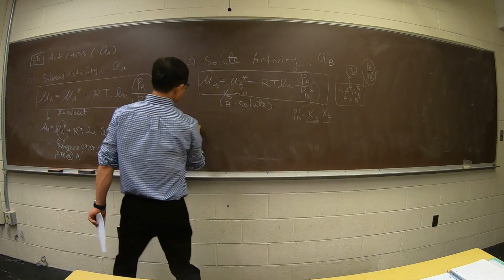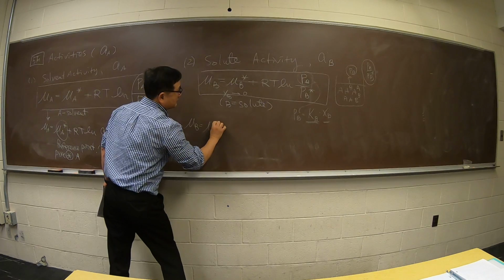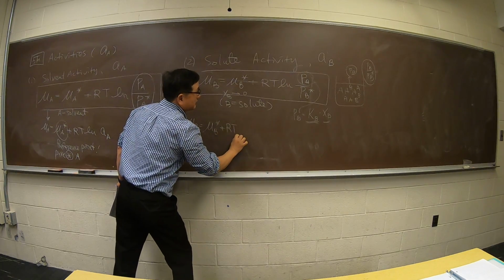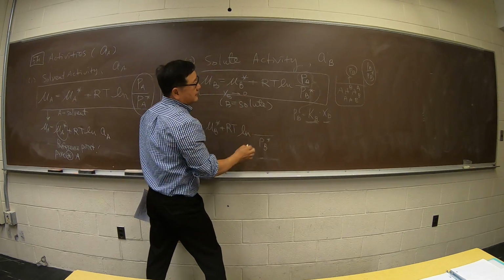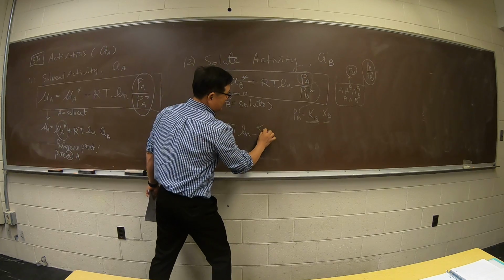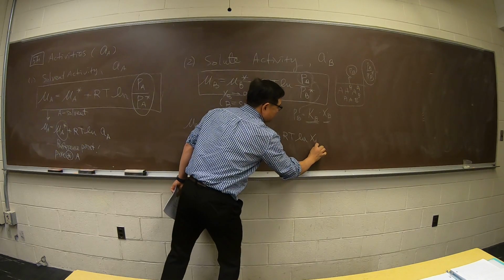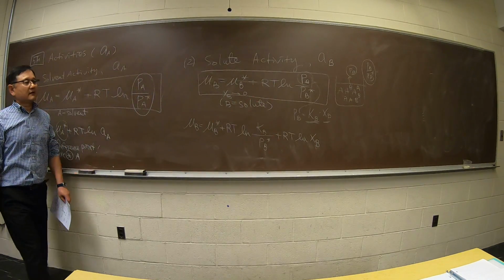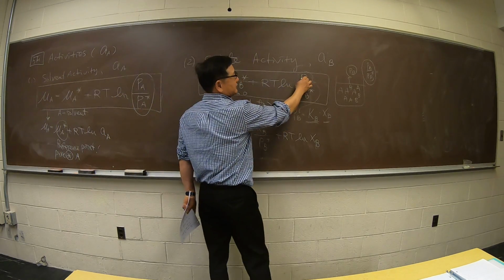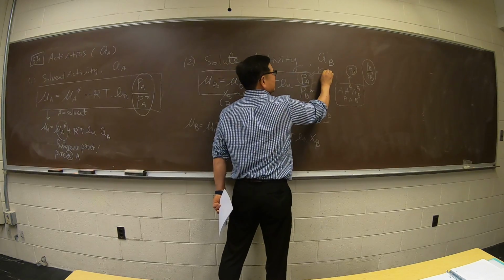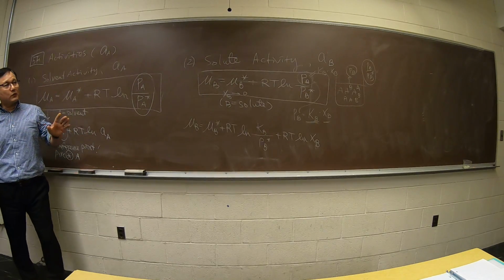and then mu B is mu B star plus RT ln of KB over PB star, plus RT ln XB. Because the one at the top is nothing but KB times XB, and I divide it up into two portions.